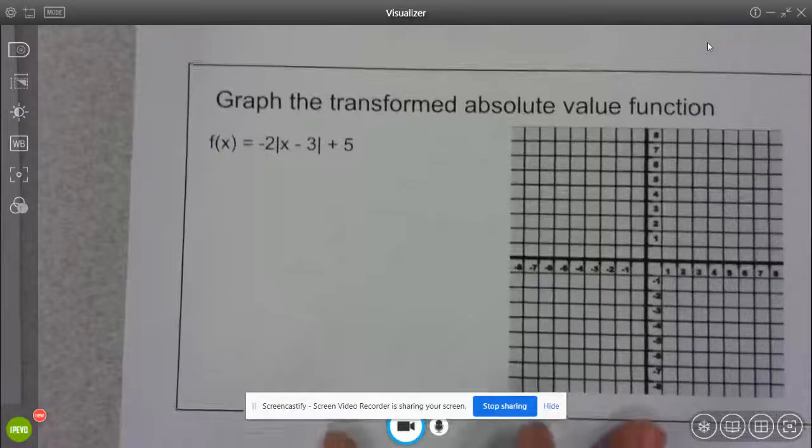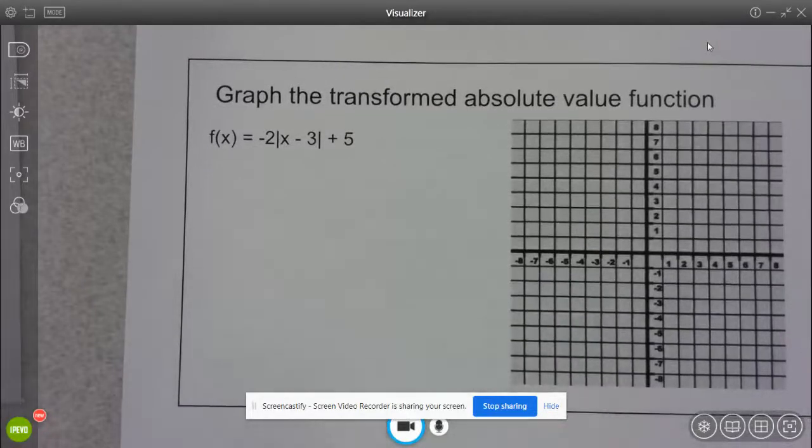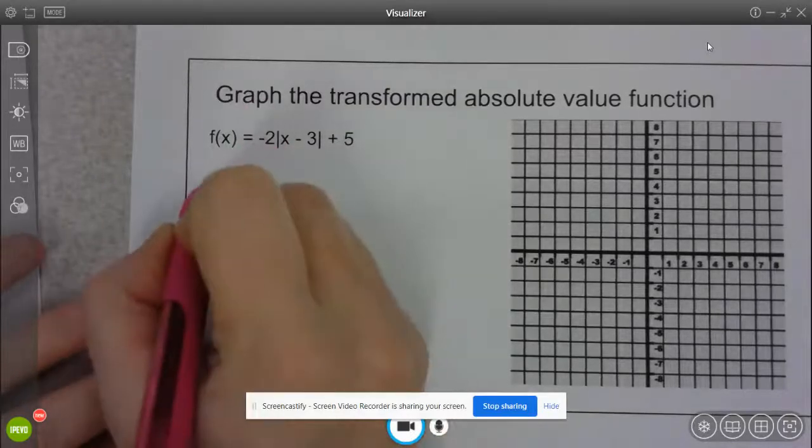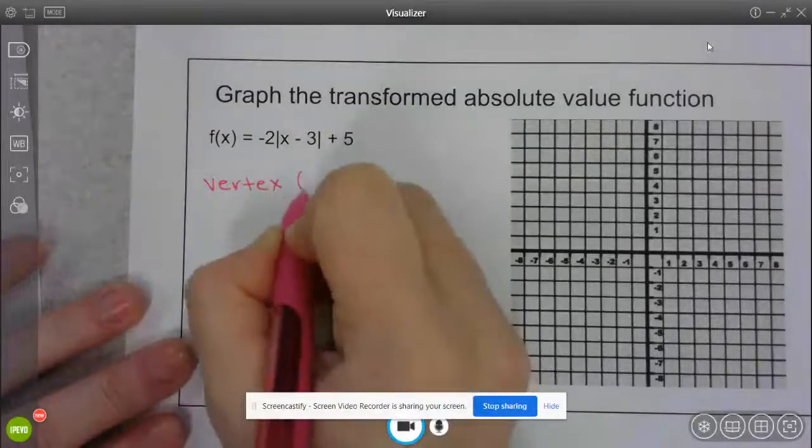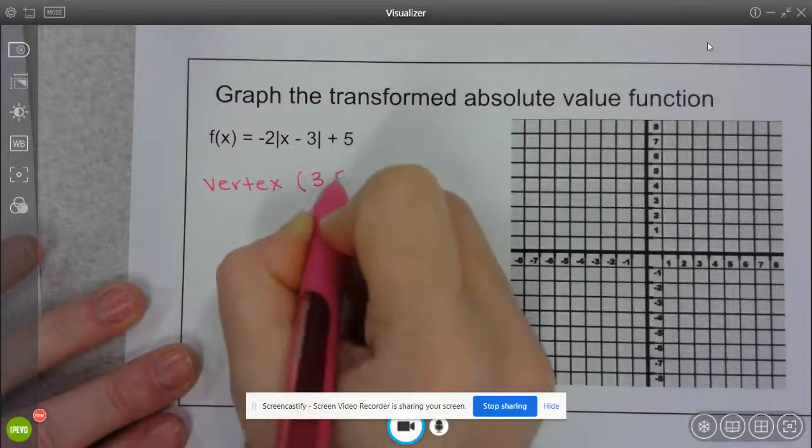So what I'm going to do is I'm going to do the same thing I did the first time and use the slope to do my compression or my stretch and also a reflection. So this one, here my vertex is 3, 5.